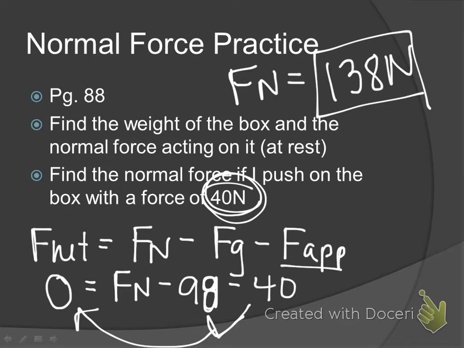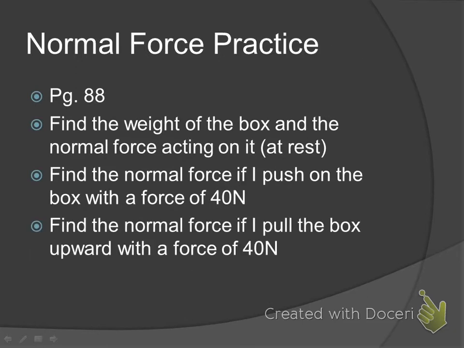Okay, can we see that? Why that happens? If I push on it, that table is going to exert a larger force on me because now I'm exerting a force in the downward direction and gravity is exerting a force in the downward direction. Okay? Yeah, makes sense?